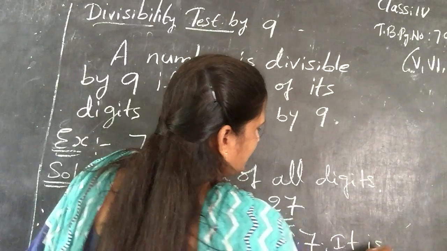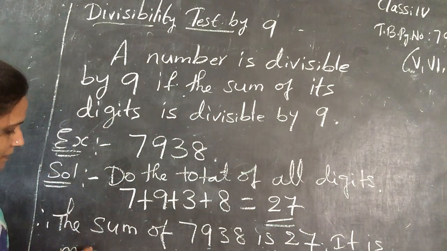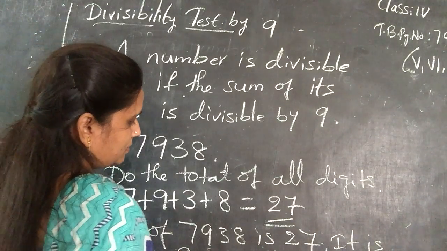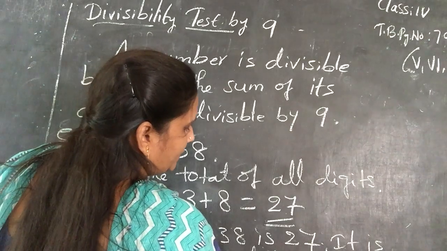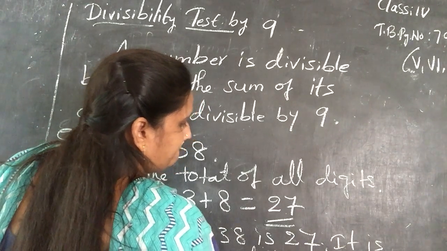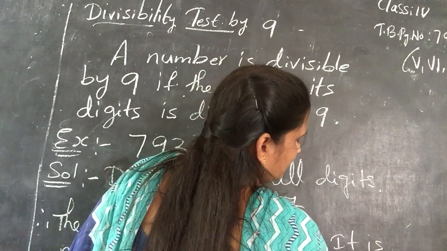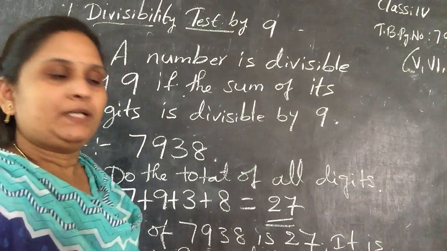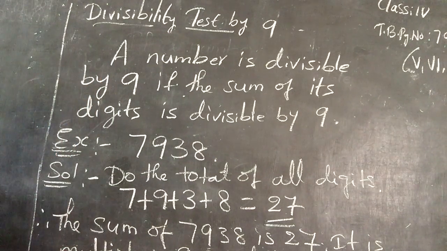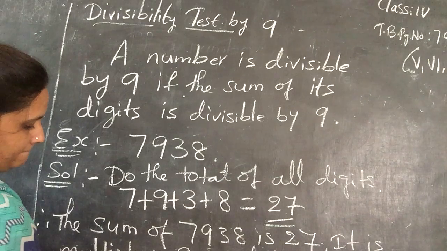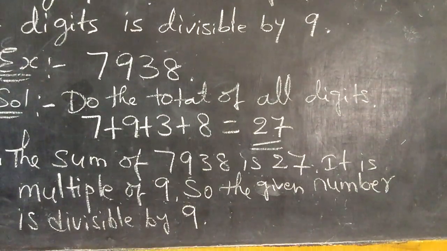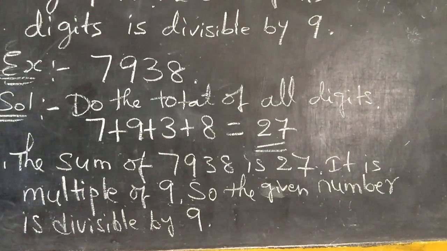It is a multiple of 9, so the given number is divisible by 9. Copy it neatly.